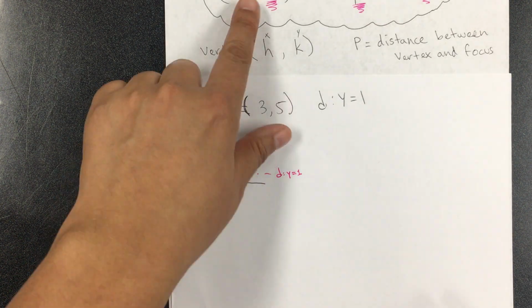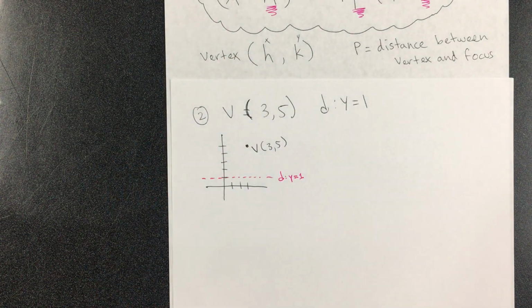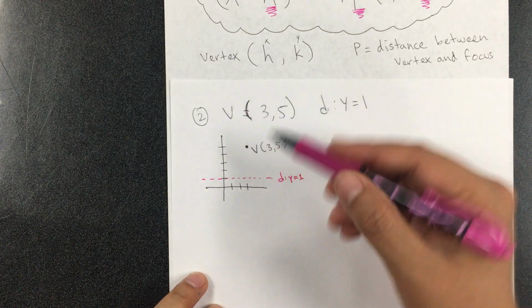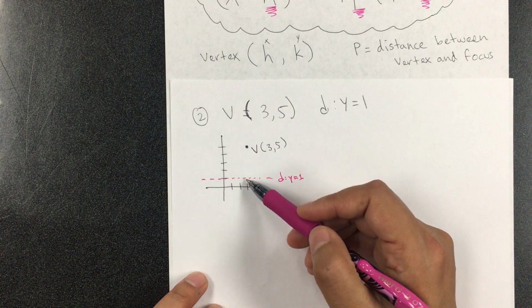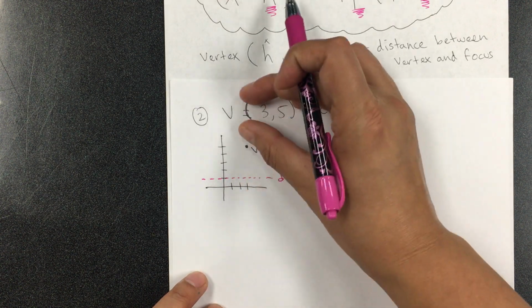So remember that for the formula we need the vertex and we need p. P is the distance between the vertex and the focus, but we also know that the vertex is between the directrix and the focus, so this is halfway. That means that is the same distance.